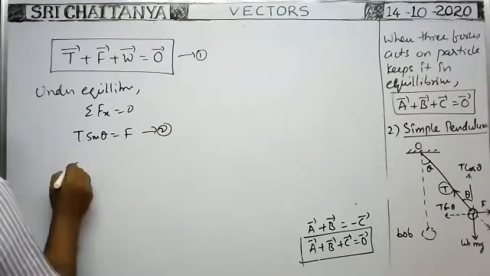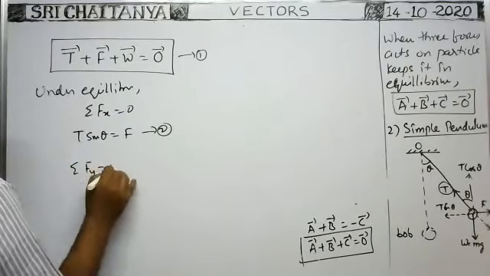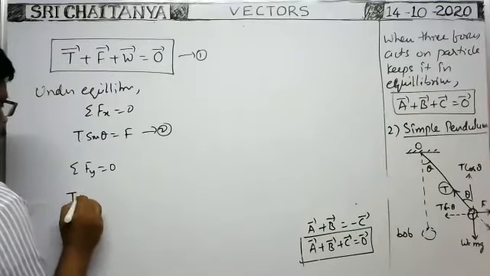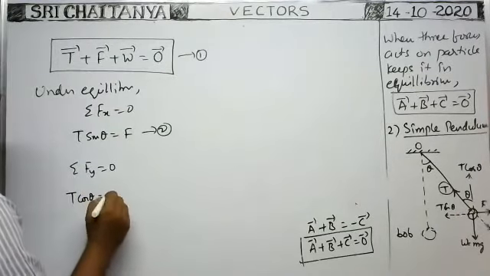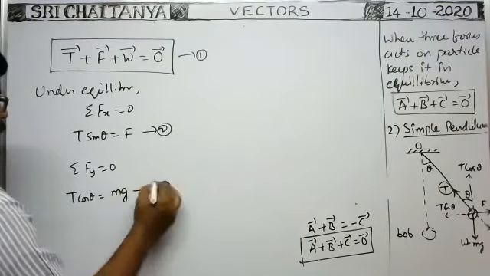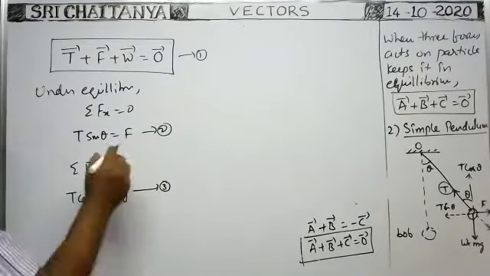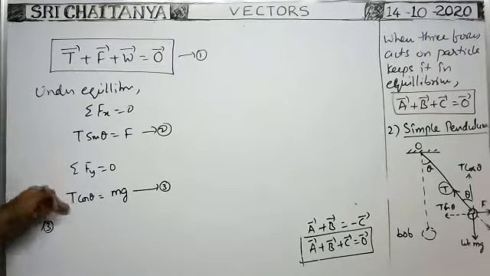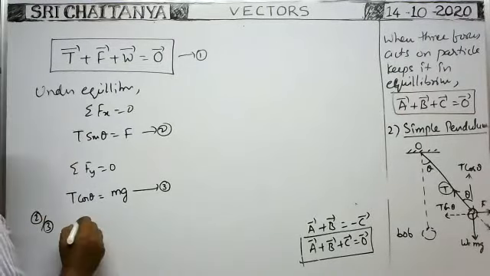Next, along the y-axis, as it is in equilibrium, the net force is 0. So along the y-axis, in the vertically upward direction T cos theta acts, and in the vertically downward direction weight mg acts. This is 3. Divide 2 by 3: sin theta by cos theta, T cancels.